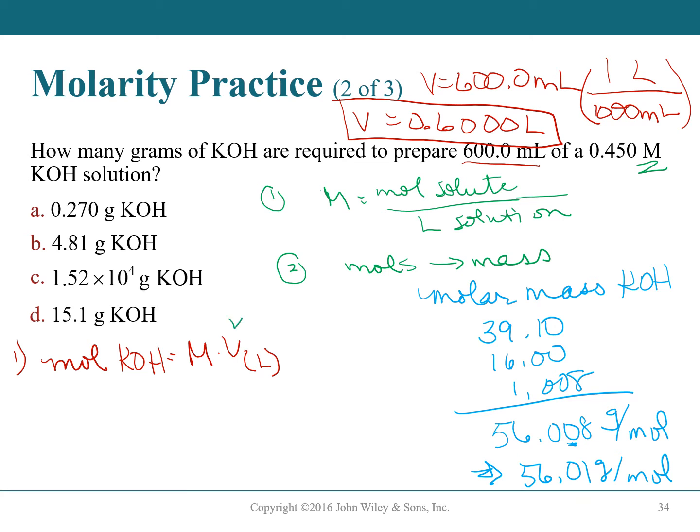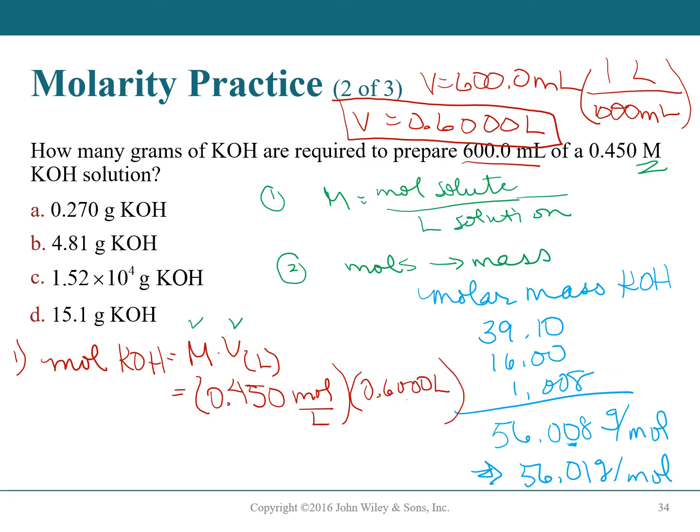Okay, now that we have the correct units for our volume, and we're given molarity already, we can get the moles of potassium hydroxide. So that's going to be equal to 0.450 molar, which is in moles per liter. So that capital M, you can just replace with moles per liter. And my volume, we said, was 0.6000 liters.